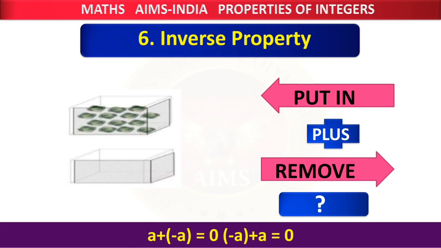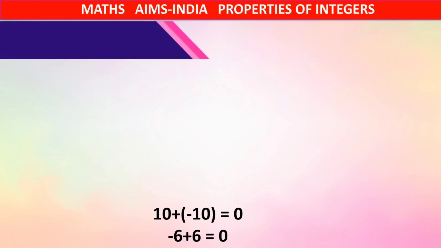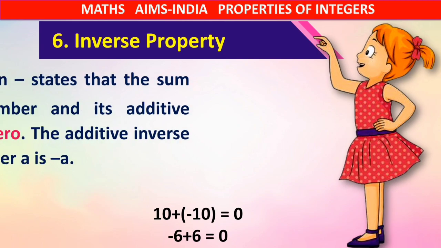The answer will be 0. When I put 5 leaves in a box and I take out all the 5 leaves, will anything be remaining in that box? No, nothing will be remaining in that box. When I say nothing, which number is used to represent that? The number 0 is used to represent that, right? Yes.